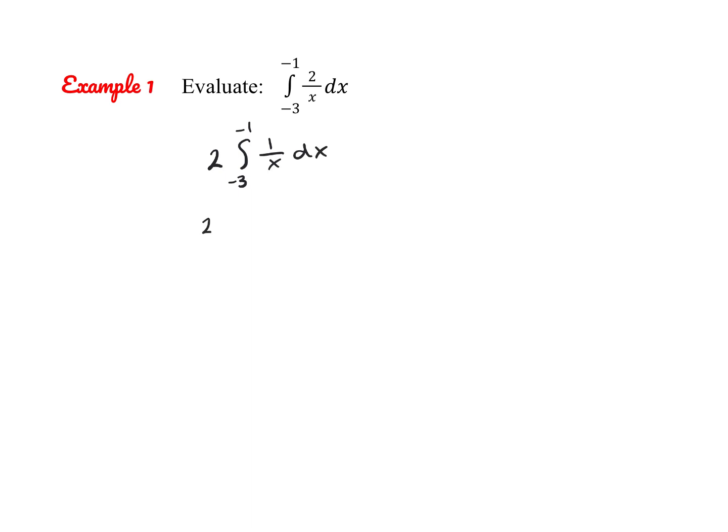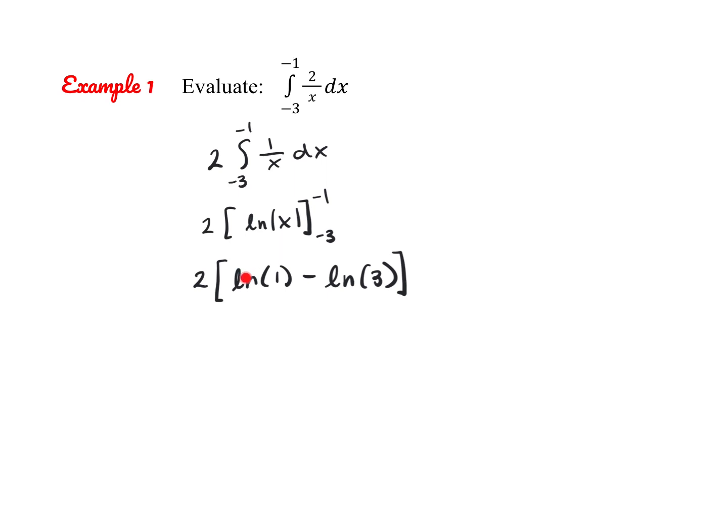So we know that it's going to be 2 times, well, we know that the antiderivative of 1 over x is the natural log of the absolute value of x, evaluated from -3 to -1. So it's going to be 2 times the natural log of 1, because it's the absolute value of -1, minus the natural log of 3, the absolute value of -3.